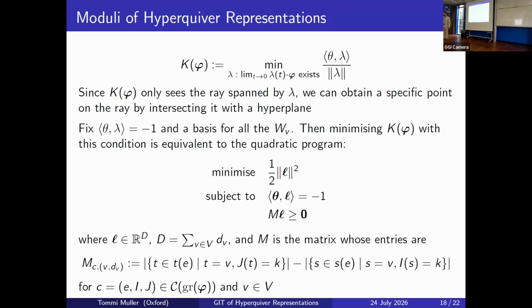Any further questions? Yes. With representation theory, you have finite type quivers. I guess, are there any hyperquiver representation types that are finite type that aren't quiver ones? Finite representation type, sorry, as in finite type versus tame versus wild. Oh, yeah.